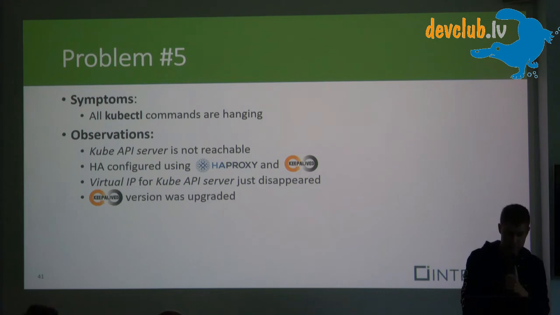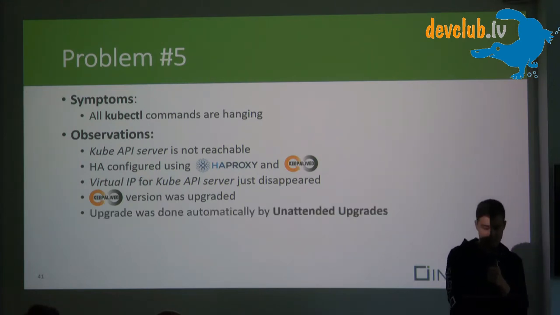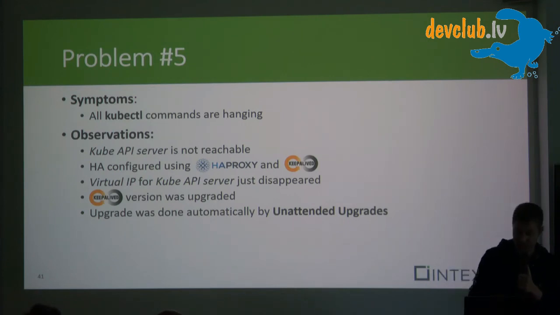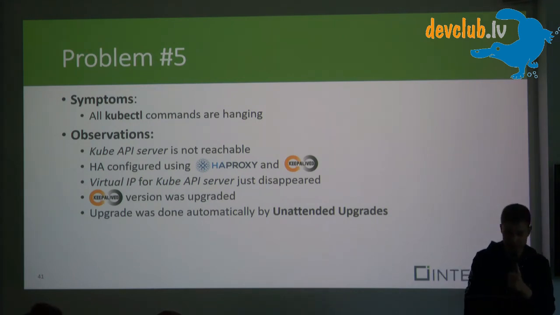We also saw that the version of keepalived was upgraded for some reason. And after some debugging, we saw who upgraded it. It was unattended-upgrades, a feature of Ubuntu or Debian that automatically applies security and other patches when they are available to keep your system up to date.